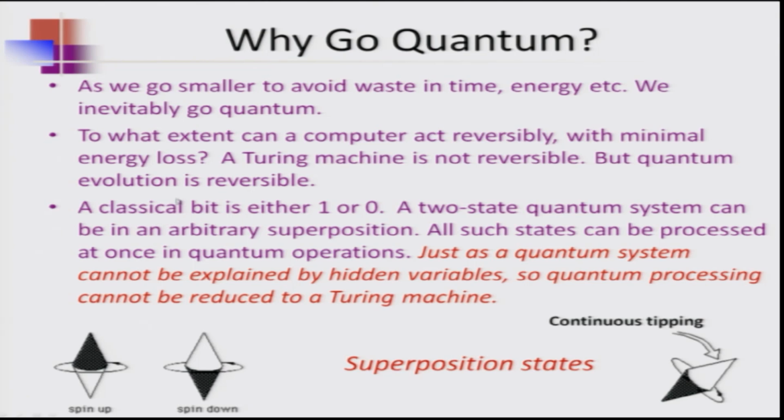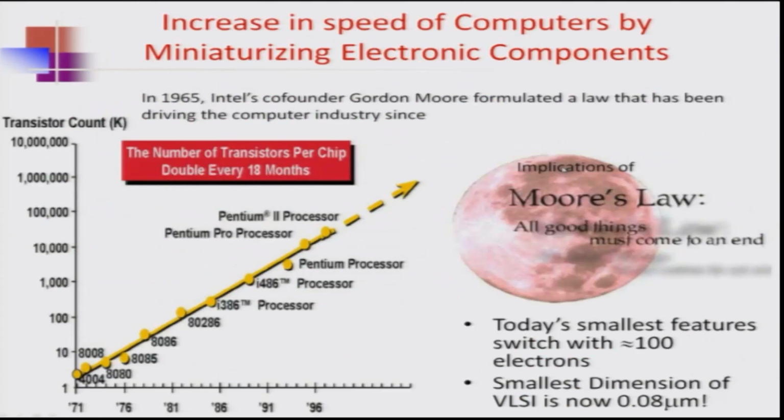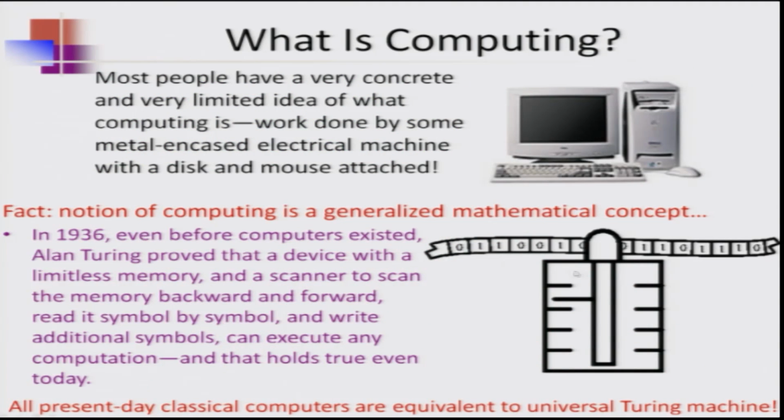But a Turing machine, for instance, is not reversible. If you saw the picture of the Turing machine I showed you before, it is a particular tape which is going through the head and it is gone. Once it is read, you are not going back on it, it is just continuously moving in one direction. So, it is not a reversible process.